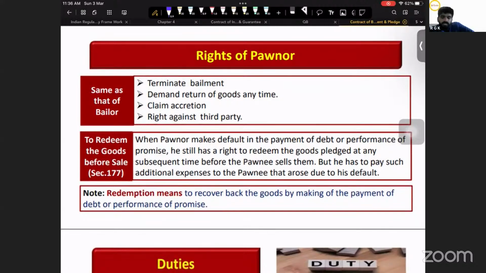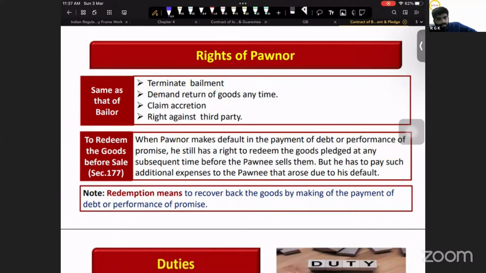When the owner makes default in payment of debt or performance of promise, he still has a right to redeem the goods pledged at any subsequent time before the pawnee sells them, but he has to pay additional expenses to the pawnee that arose due to his default. So, unlike breach of contract, one more chance will be given to the pawner.